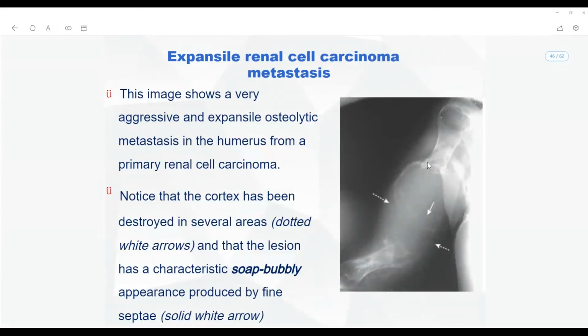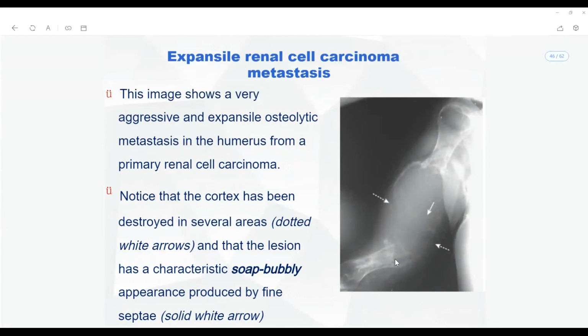So loss of trabecular density in between, with a thinned cortex, is called the soap bubble appearance.